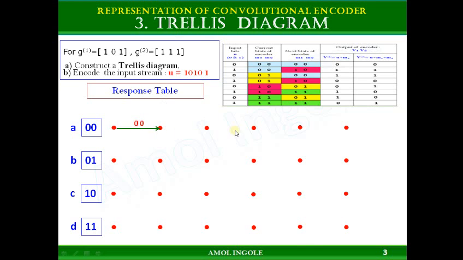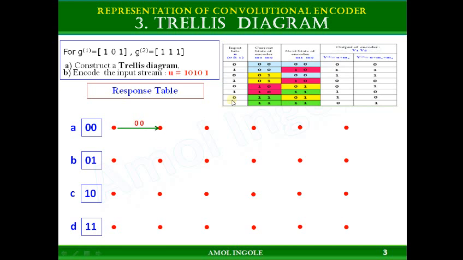Because this complete line is for the 0 0 state, you have to show a direct line going from here to here, and this 0 0 is the output for that particular input.